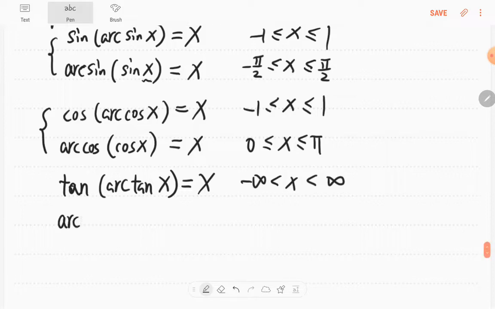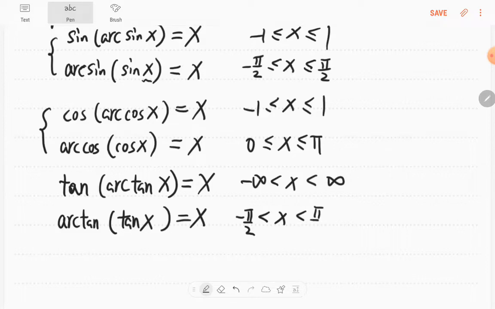Arc tangent of tangent x should be equal to x. This is true for x between negative pi over 2 and pi over 2.